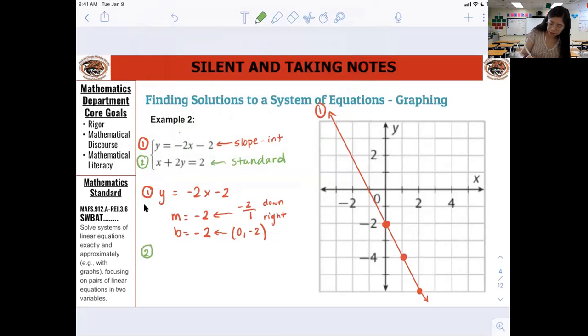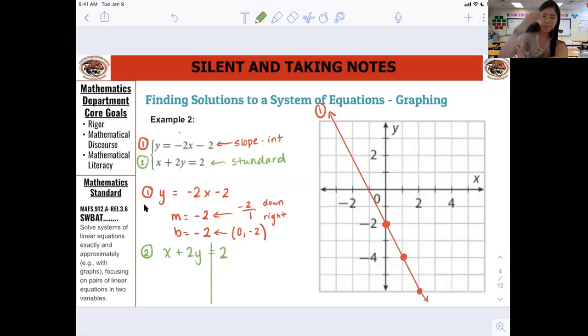So strategy 2 is to solve or isolate this y. We're trying to get y all by itself in order to turn it into slope-intercept form. So right now, what should I move to the opposite side? X. Yeah, that x has to get out of there. Should I add, subtract, divide, or multiply?